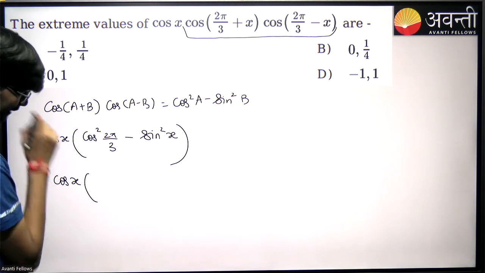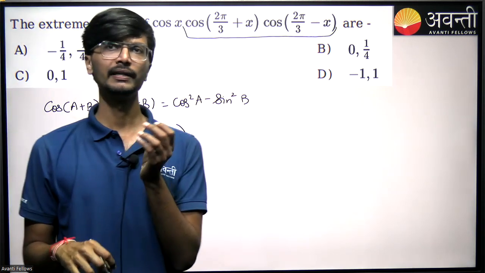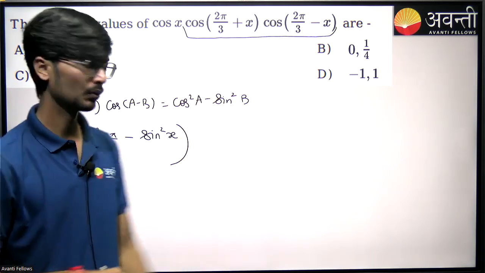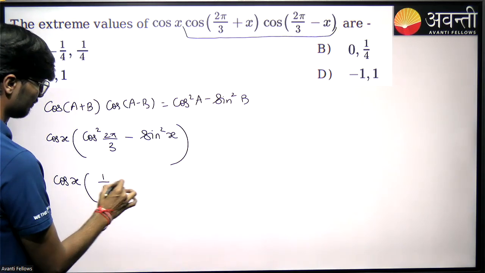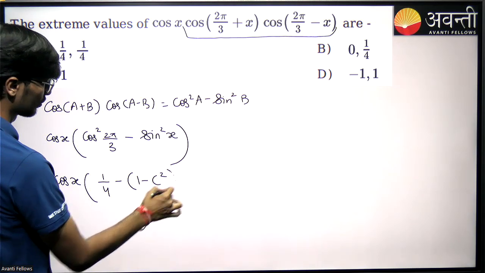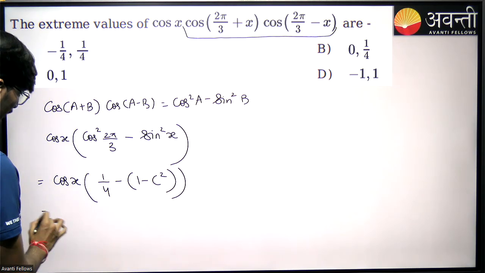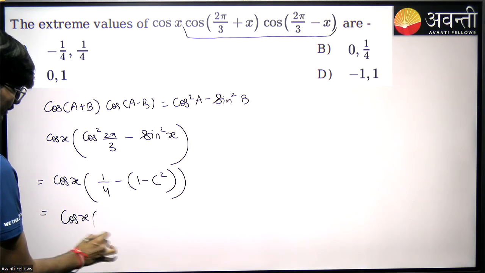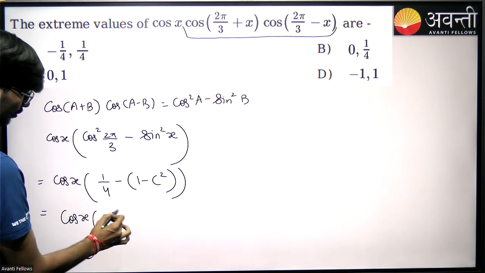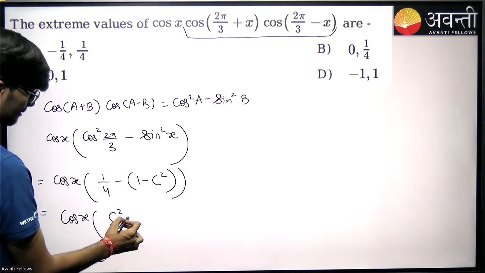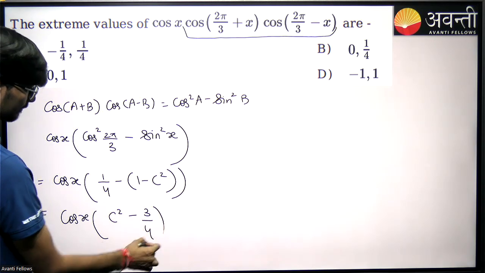What is cos square 2 pi by 3? Cos 2 pi by 3 is minus half. Its square is 1 by 4 minus. Here I can write 1 minus cos square. So cos x into 1 by 4 minus 1, plus cos square x, minus 3 by 4.